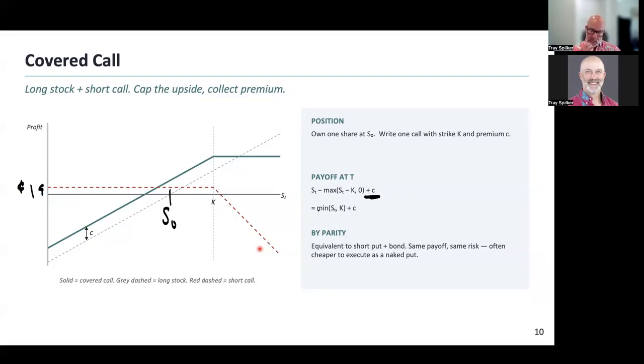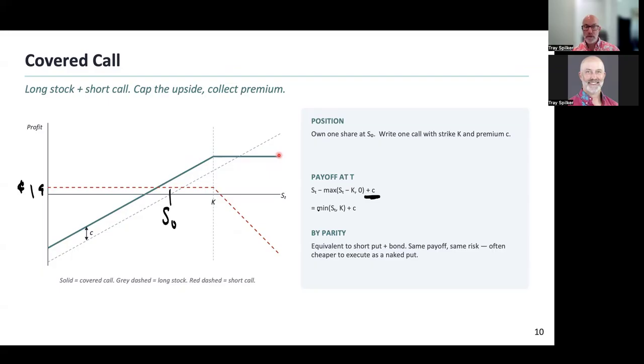And so what this ends up creating, if you take a look at it, is our resulting position when you combine the gray dash line, the long stock position, and the red dash line, which is the short call. You end up with this covered call strategy, which is the solid kind of bluish green line here. What we have done now is synthetically replicate, right, a short put position, which is interesting.